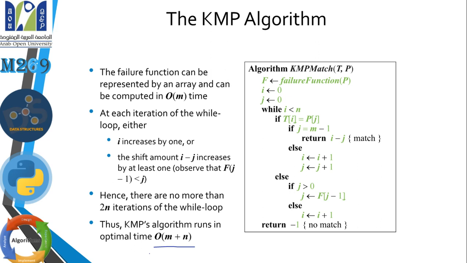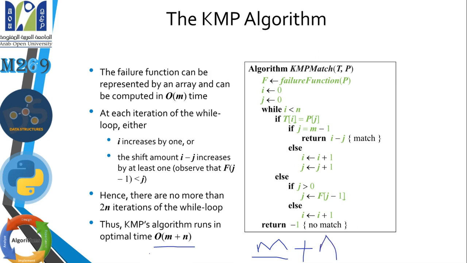Because M is the time taken for building the table, and N is for the searching. We build the table only one time. It's not a repeated process. So it is M time for building the table plus N for the search.